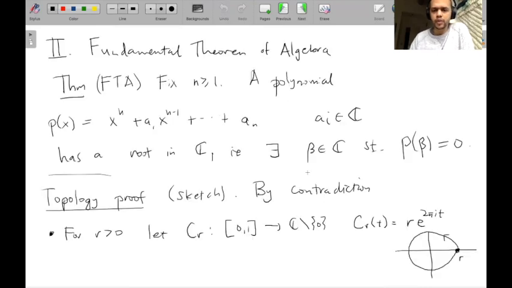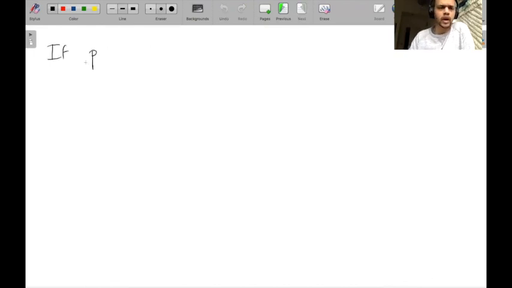Right. So now by contradiction, we suppose P is a polynomial with no root. So if P has no root, then we can just look at P composed with C_R.